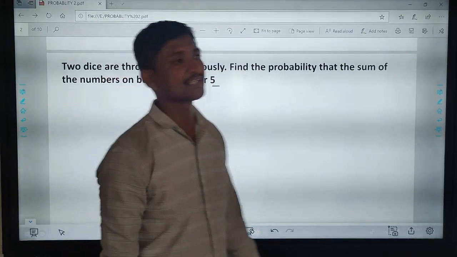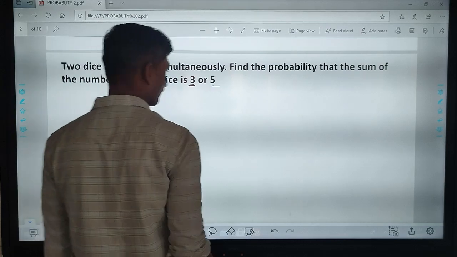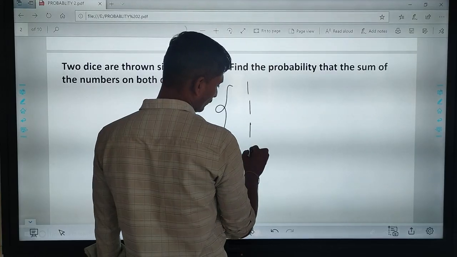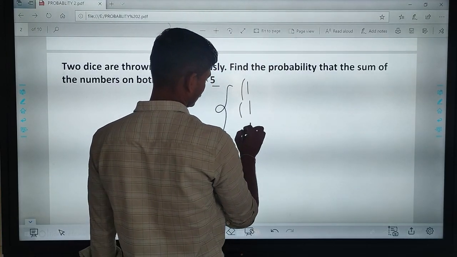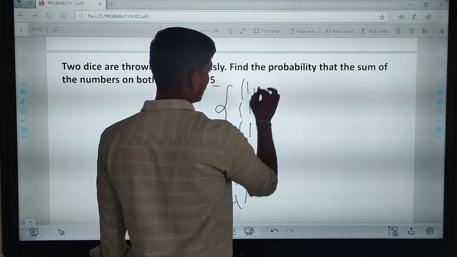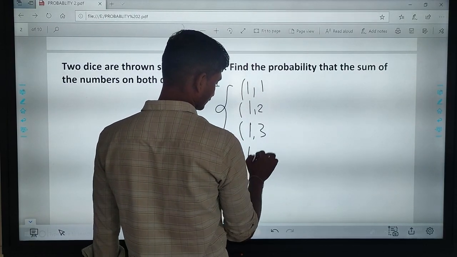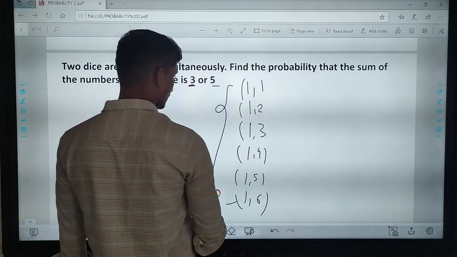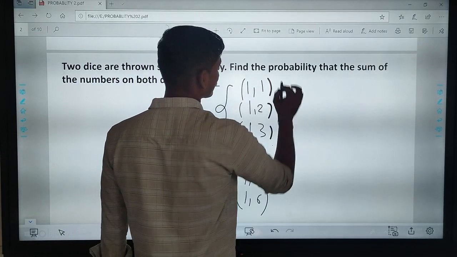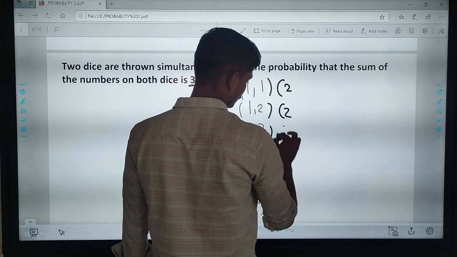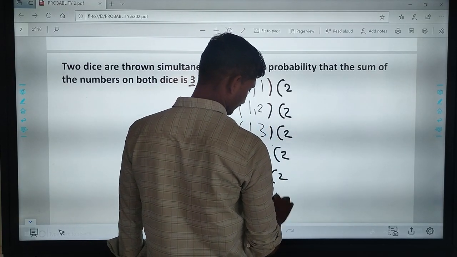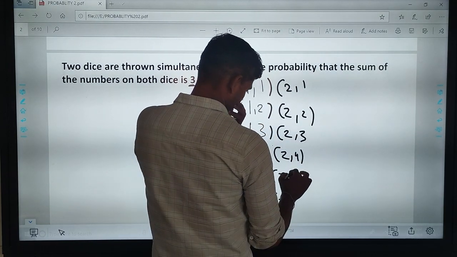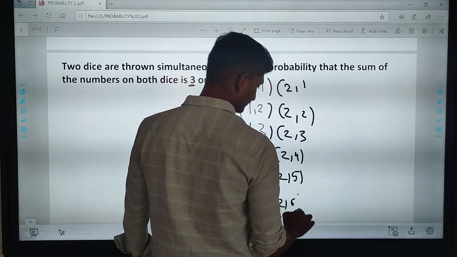Now here, firstly we find the sample space. We write the sample space here. Firstly write 1,1, 1,2, 1,3, 1,4, 1,5, 1,6. Now then we write 2: 2,1, 2,2, 2,3, 2,4, 2,5, 2,6.